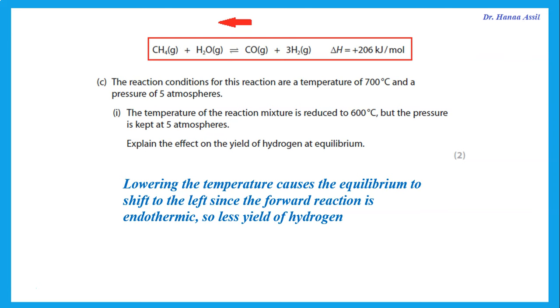And here, the forward is endothermic, since delta H is positive, then that means that the backward is exothermic. So here it will shift to the left since the forward is endothermic, and that means less yield of hydrogen. The hydrogen will react with the CO to give methane plus water. So we're having less yield of hydrogen.